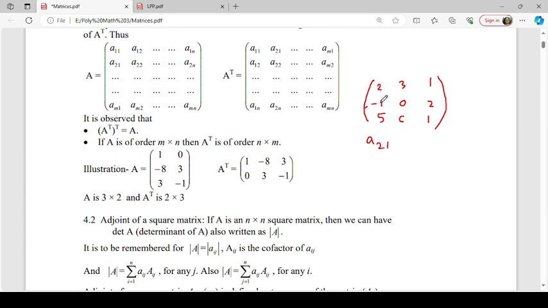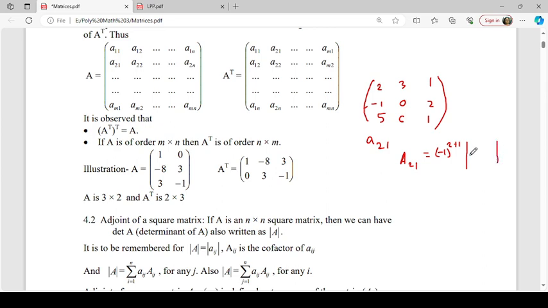This position a21 is the second row and first column. So the cofactor of a21 we write as capital A21, and this is equal to, first, minus 1 to the power 2 plus 1, and then the determinant.